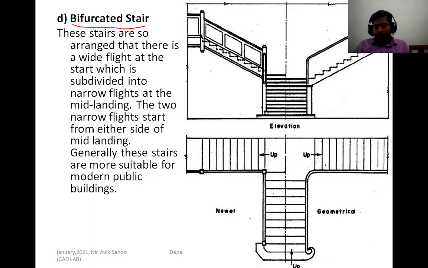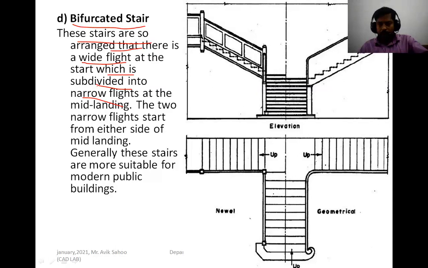So two more flights are introduced at the landing. These stairs are arranged so that there is a wide flight at the start. The first flight is the wide flight at the starting portion, and it is then subdivided into narrow flights.